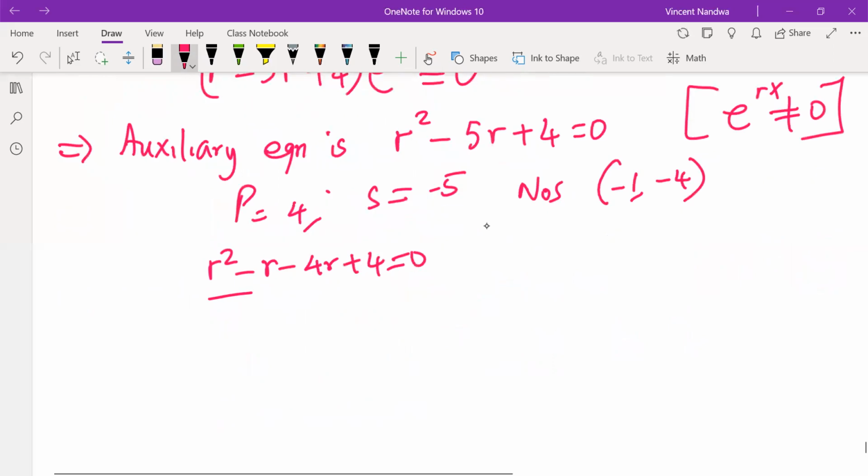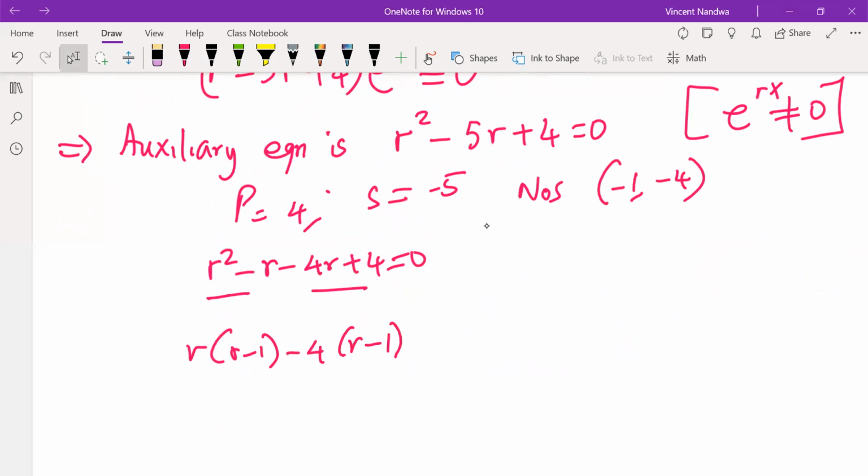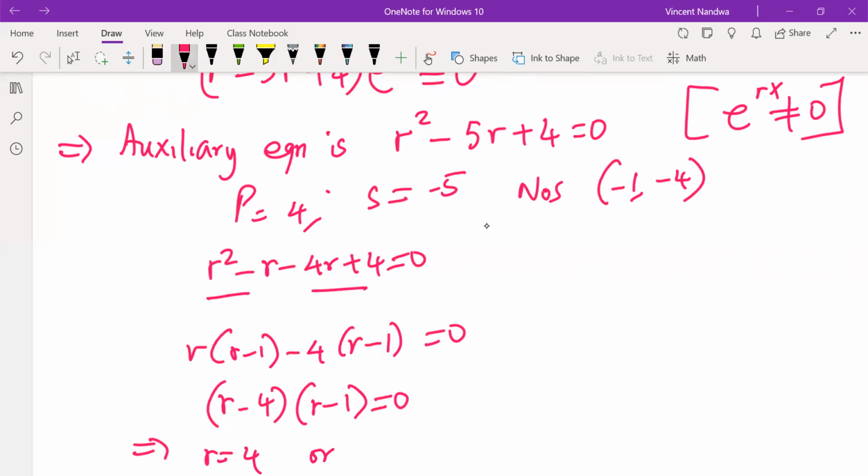So we'll do the pairing: r into r minus 1 minus 4 into r minus 1 equals 0. So we'll have r minus 4 into r minus 1 equals 0. So this means r equals 4 or r equals 1.